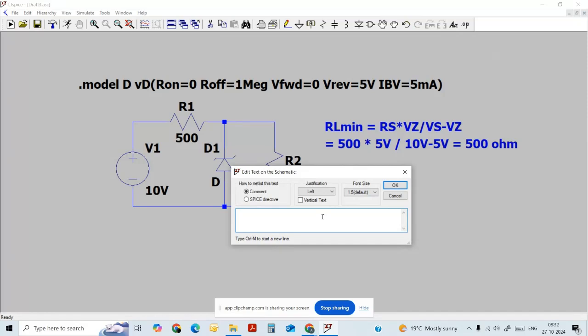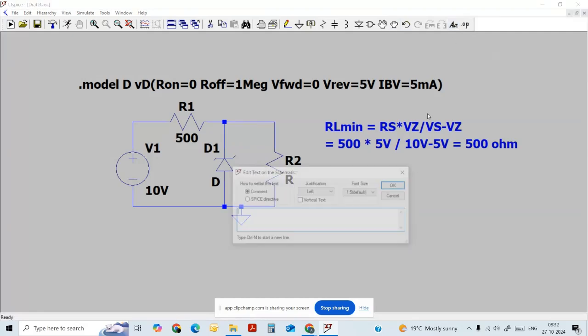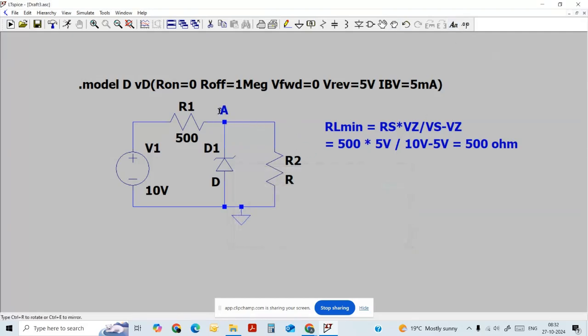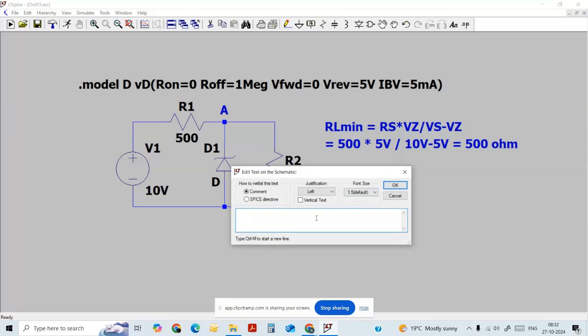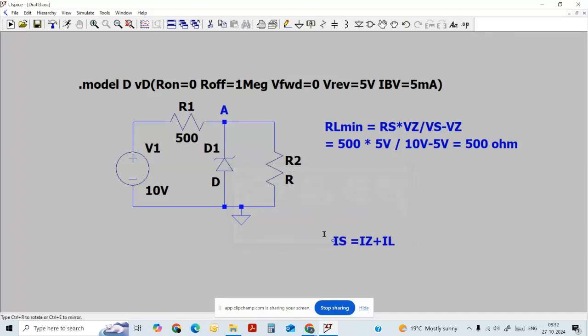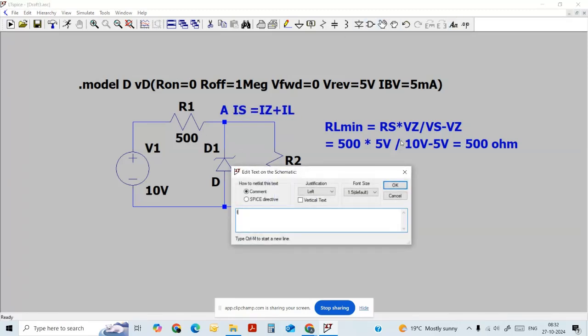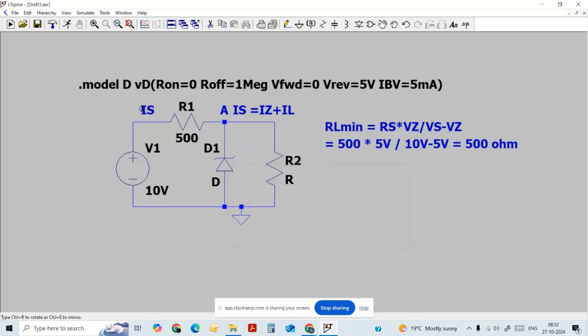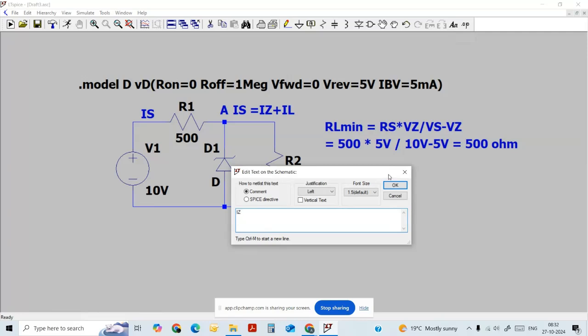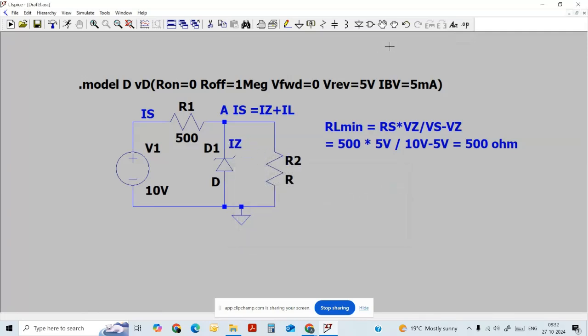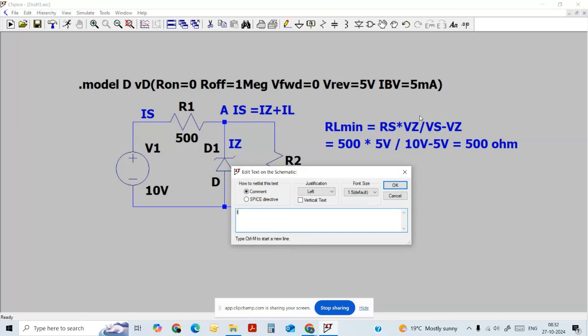For this we need to apply the KCL at the node A. This is the node A. So as per KCL, IS is equal to IZ plus IL. Here IS is the series resistance current, IZ is the Zener current, and IL is the load current.